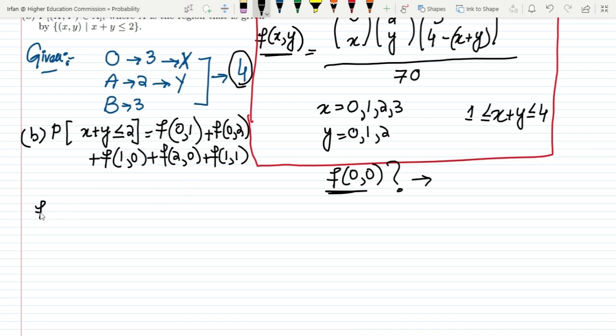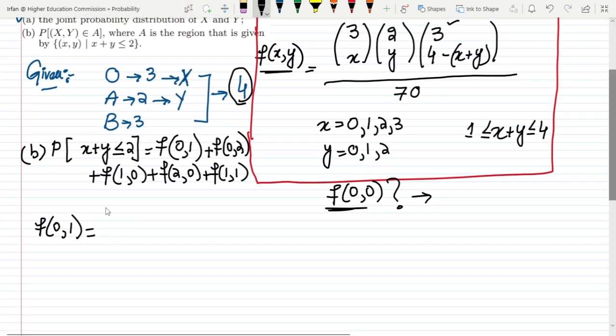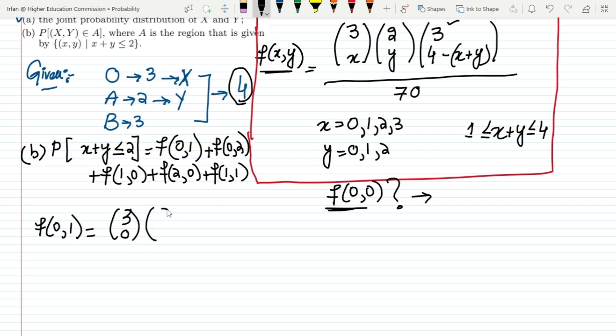Let me first find f of 0 1. For f of 0 1, the formula here is this one. So this is the formula, and putting the values of x and y. x is 0 here, y is 1 here, and it would be 3, since x plus y is 1, and 4 minus 1 is 3.